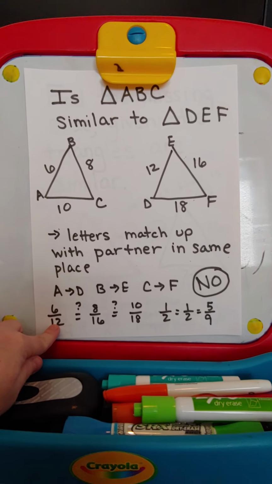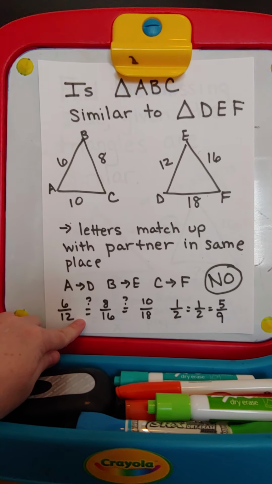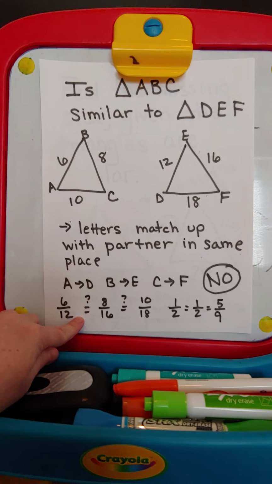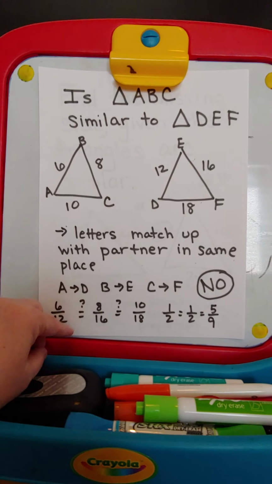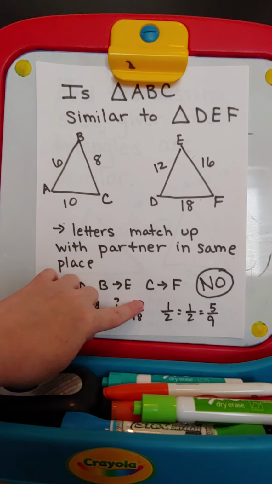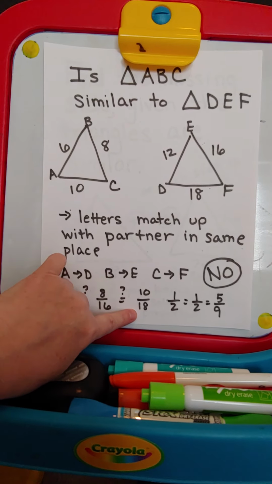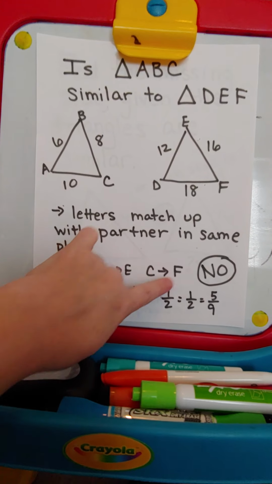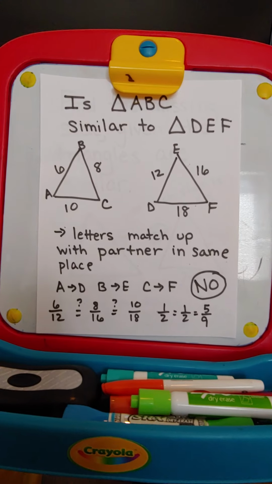So 6 over 12, and then 8 over 16 and 10 over 18. If we simplify those fractions, we get 1/2, 1/2, and 5/9. Because all three sides aren't the same fraction, or if you divided them you got different decimals, this is not similar. You would say, no, this triangle is not similar.